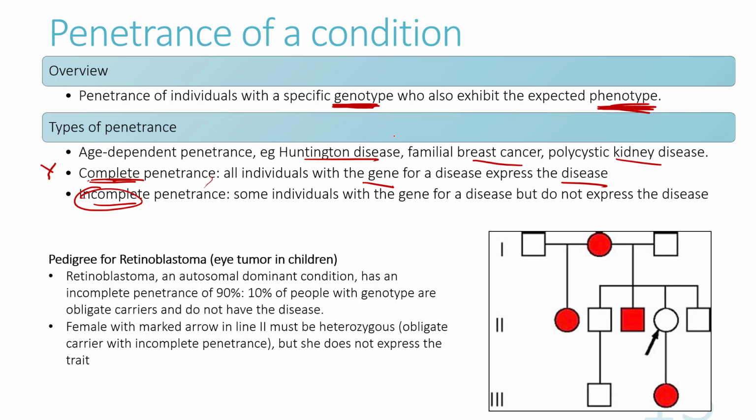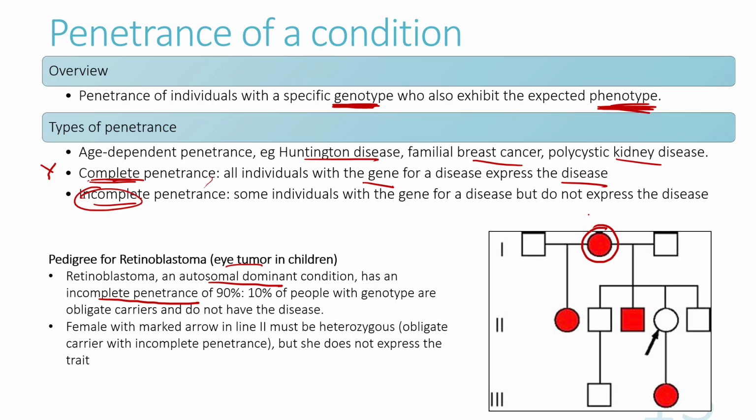All right, so an example of a condition with incomplete penetrance is retinoblastoma. Retinoblastoma is an autosomal dominant disease. It causes an eye tumor in children. And what you see over here is the filled in red circles or squares are people with a genotype and with a phenotype, right?